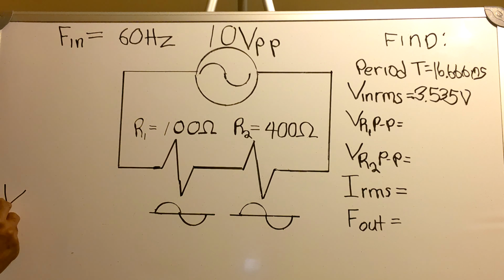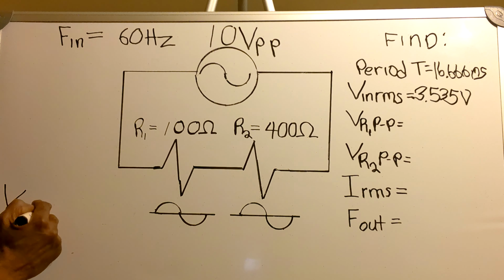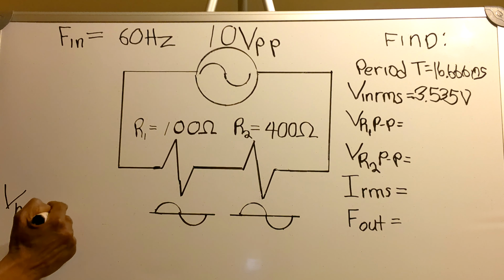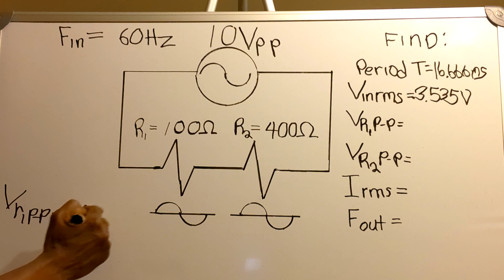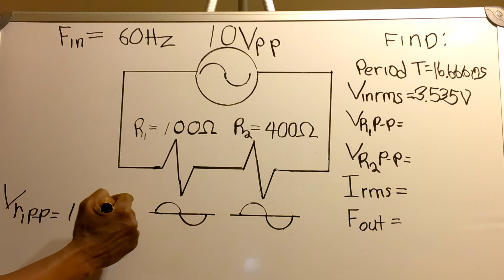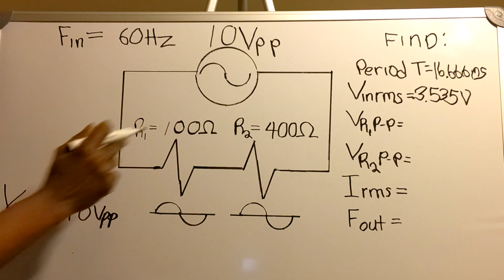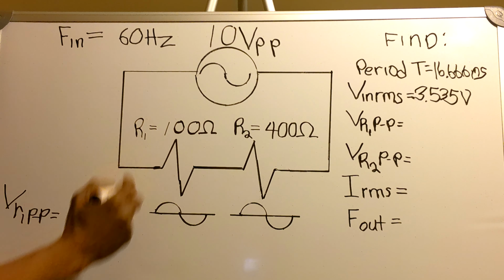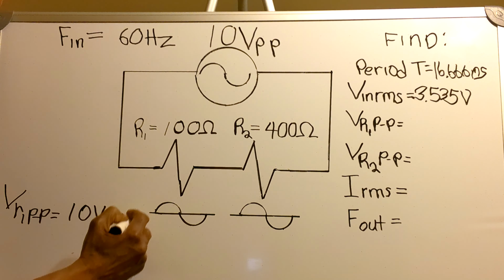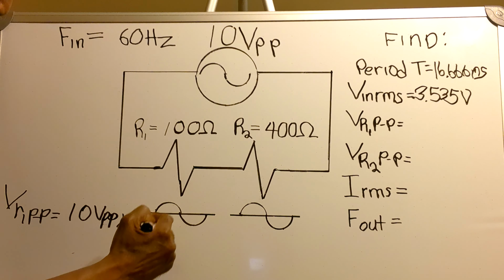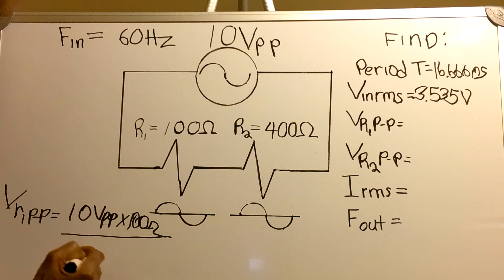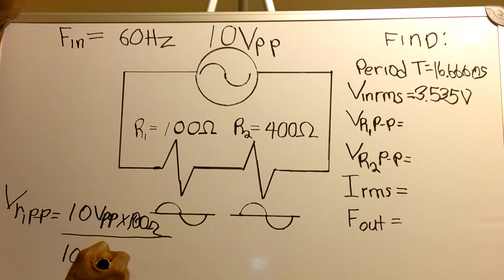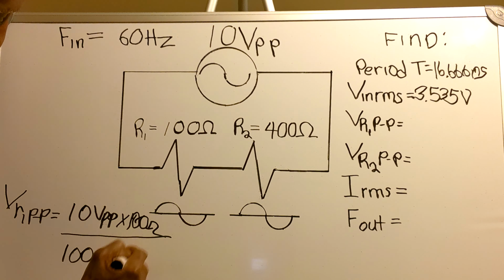The peak to peak voltage across the R1 resistor equals the 10 volt peak to peak times 100 ohms divided by 100 ohms plus 400 ohms.